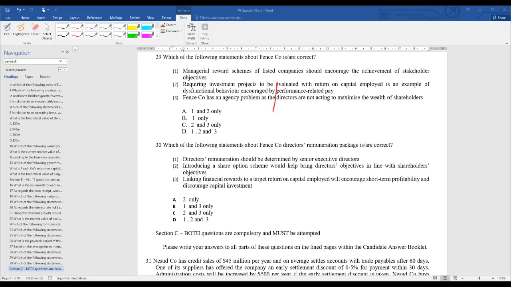So requiring investment to be based on return on capital employed, why would the manager want to do that? Maybe because they can have control over the profit, because that's a possibility. The management may involve themselves in creative accounting. The use of return on capital employed is profit based. I think we have mentioned that.